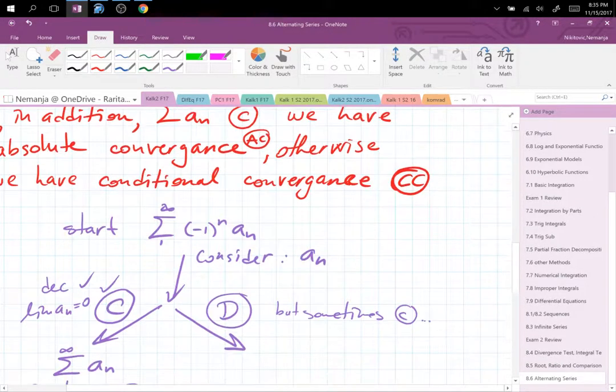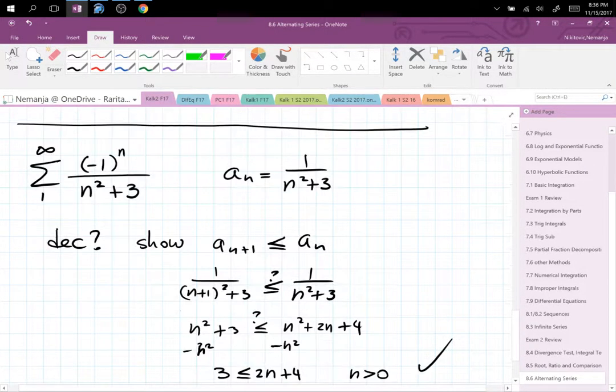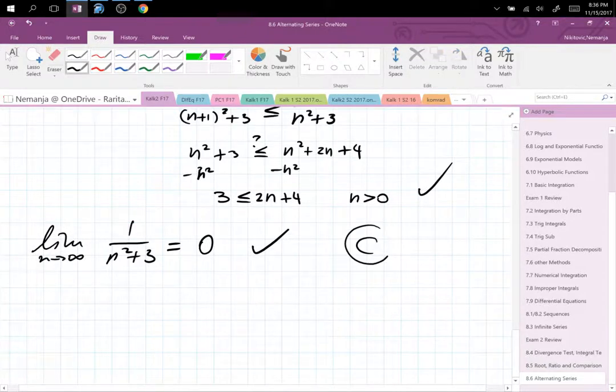So on your path here, we pass this much, and we are up to, let's check, summation of 1 over n squared plus 3. So we are already on convergence branch. Now check summation of 1 over n squared plus 3.